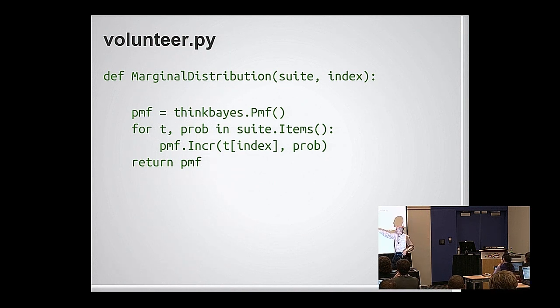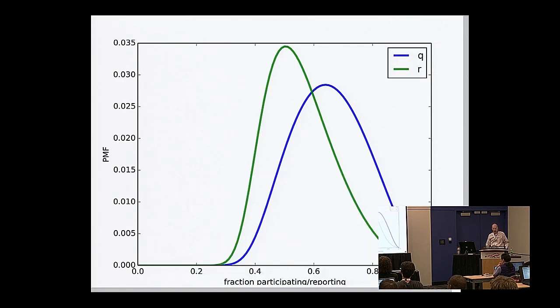Each item is going to be a QR pair. And I'm going to pull out whichever one you tell me to pull out and assemble a new PMF that has 1 variable at a time. Okay. So I start with a PMF that's full of pairs, and what I pull out is the distribution of Q and the distribution of R. And that is what they look like.